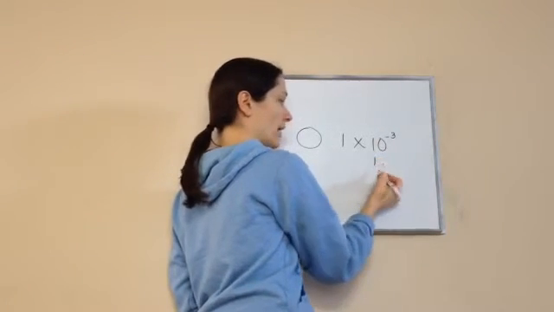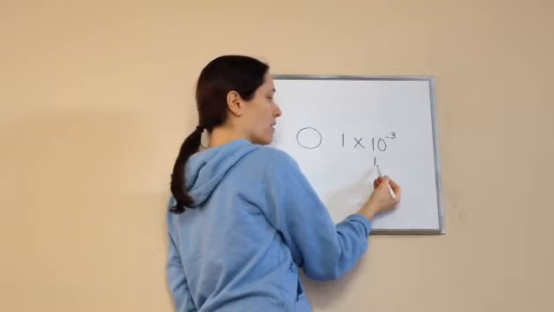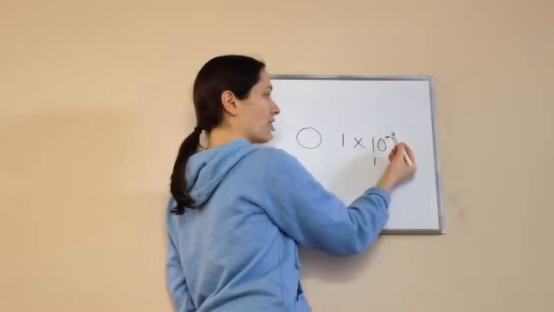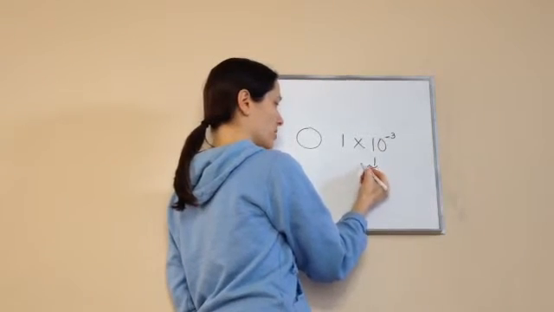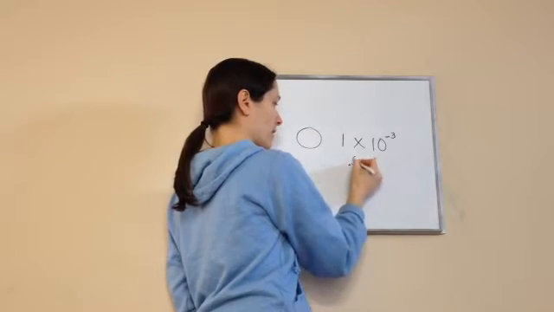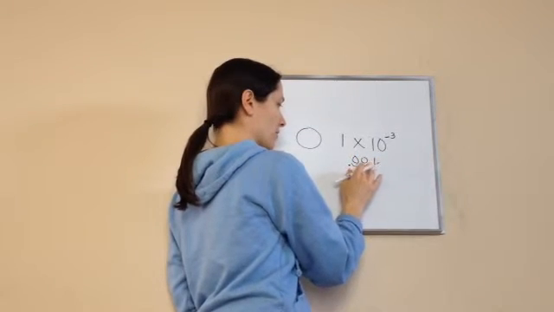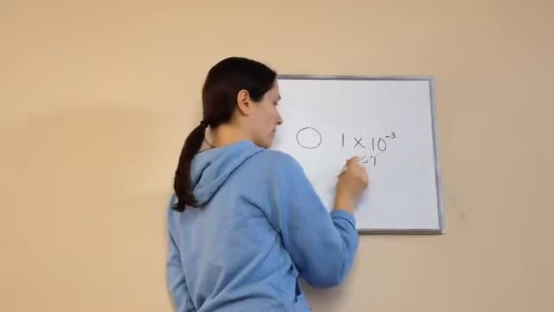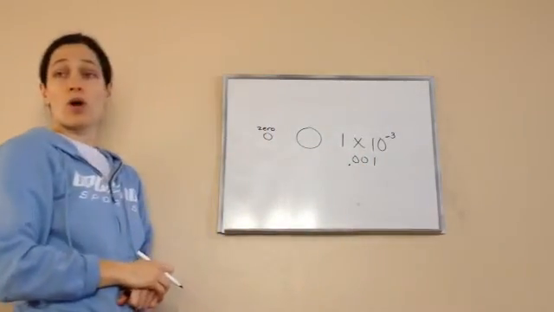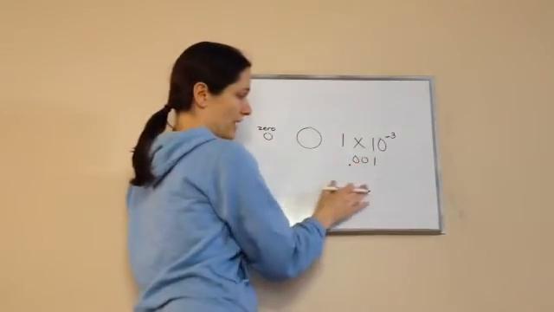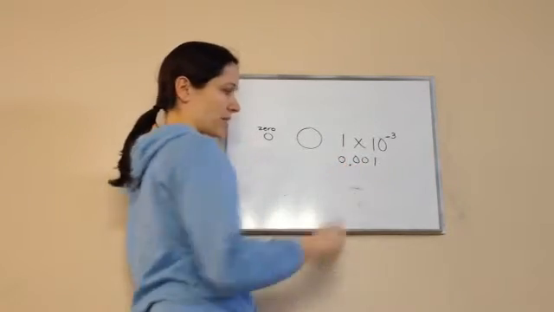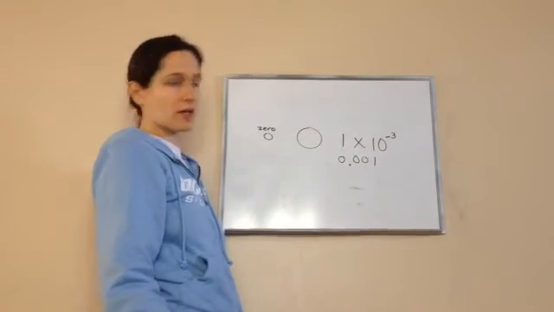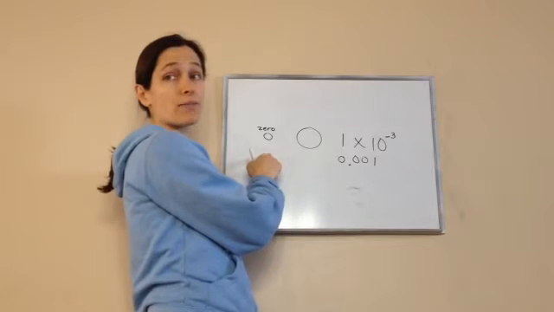Okay, so I have a 1, and where's the decimal always, if you can't see it? Right after it. So if it goes to the left 3 times, 1, 2, 3, then my answer is a decimal in front of 0, 0, 1. So this answer is actually, if you were to have a whole number, 0 as the whole number. So which one has more?